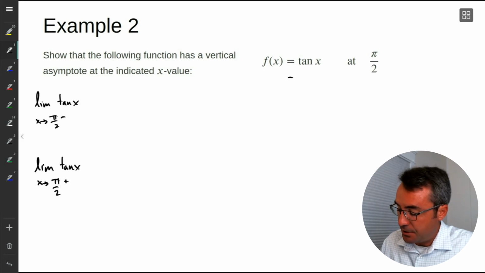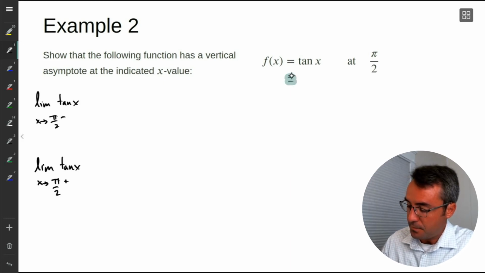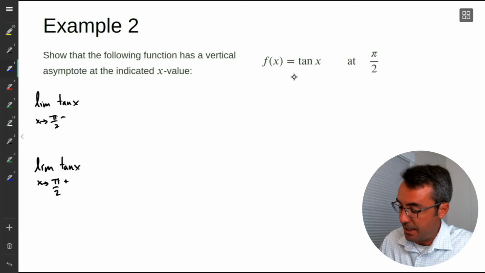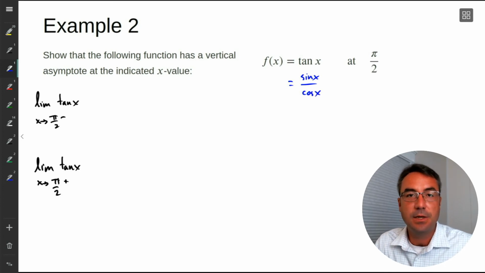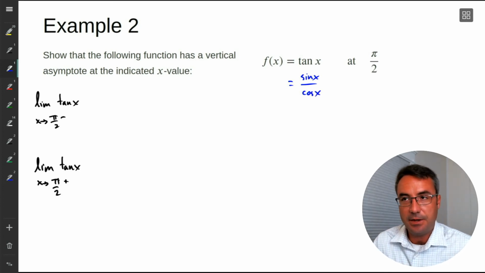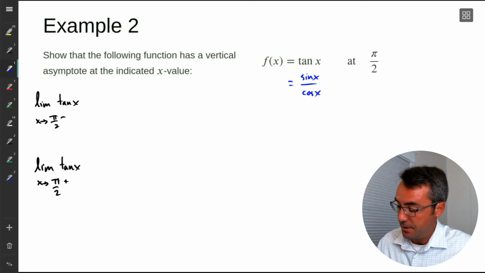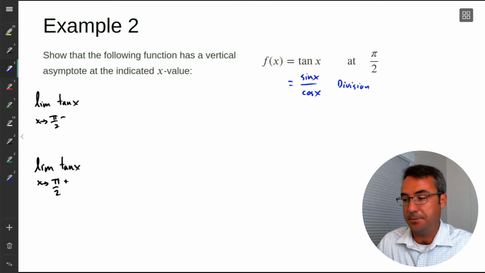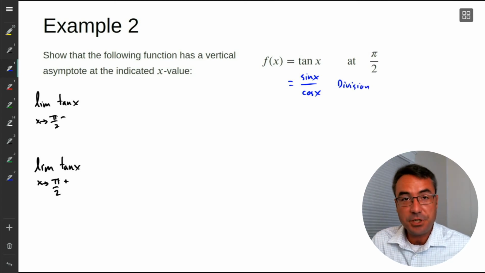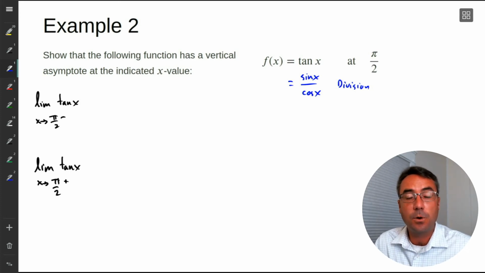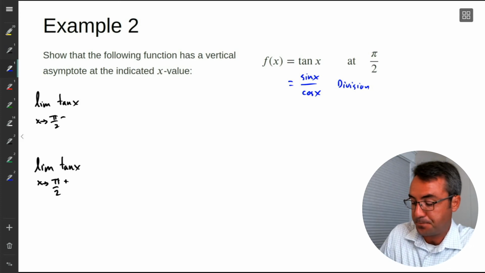So another way to express the tan function is sine of x divided by cosine of x. So it didn't look like it at first, but there actually is a quotient going on here. So we do have division. All right. So with division in mind, let's go through our steps for an infinite limit.